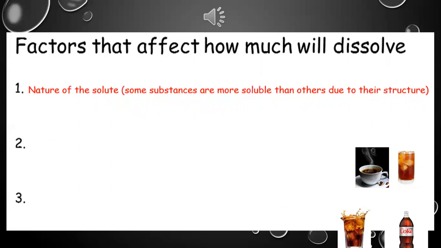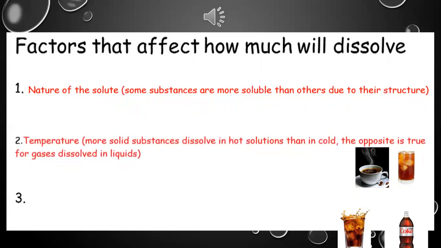You could also change the temperature of your solution. And here it gets a little tricky because it depends on what kind of solution you're talking about. If you're dealing with solid substances that you're dissolving in a solution, again, here picture like sugar, putting sugar into your coffee, you can actually get more sugar to dissolve in hot coffee than you can in cold.